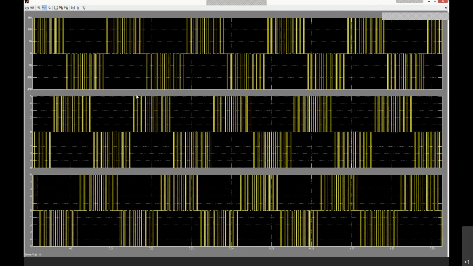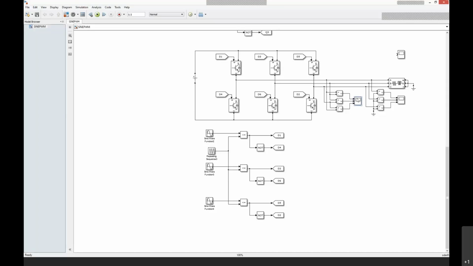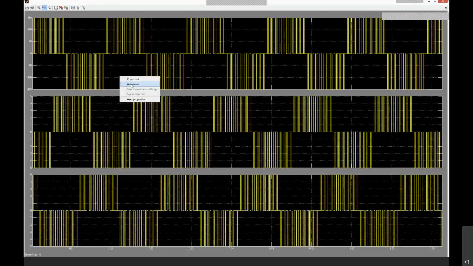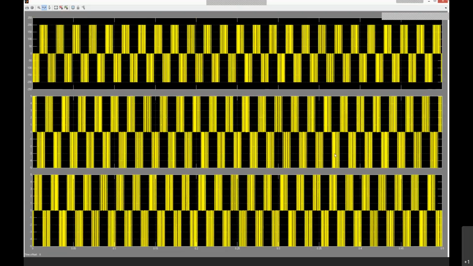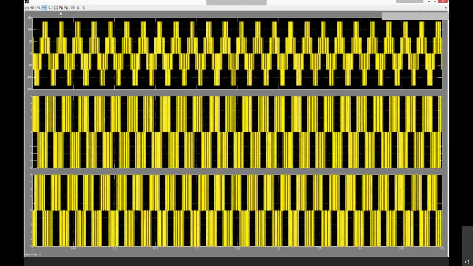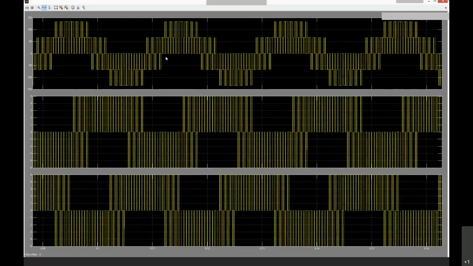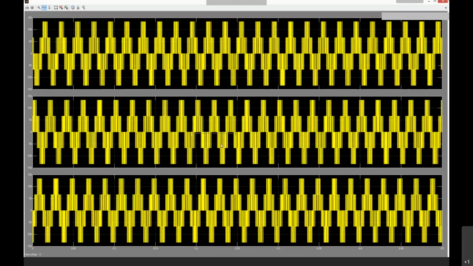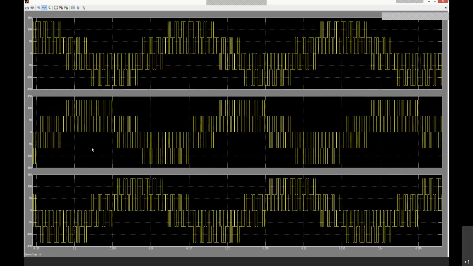You can also see the output voltage from 200 to minus 200, which corresponds to load phase voltage: minus VDC by 3, plus VDC by 3, plus 2 VDC by 3, minus VDC by 3 and minus 2 VDC by 3.